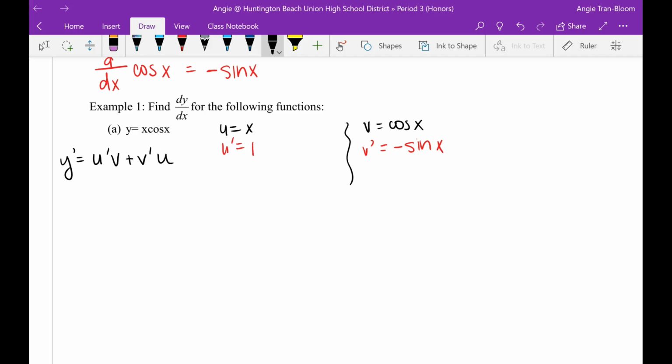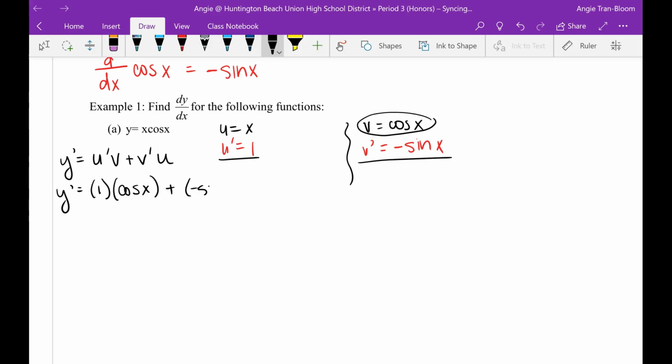This is just the formula. So now I'm going to plug in what u prime is. u prime is 1, right here. Normal v is cosine of x, plus v prime, which is negative sine of x, and normal u is simply x.